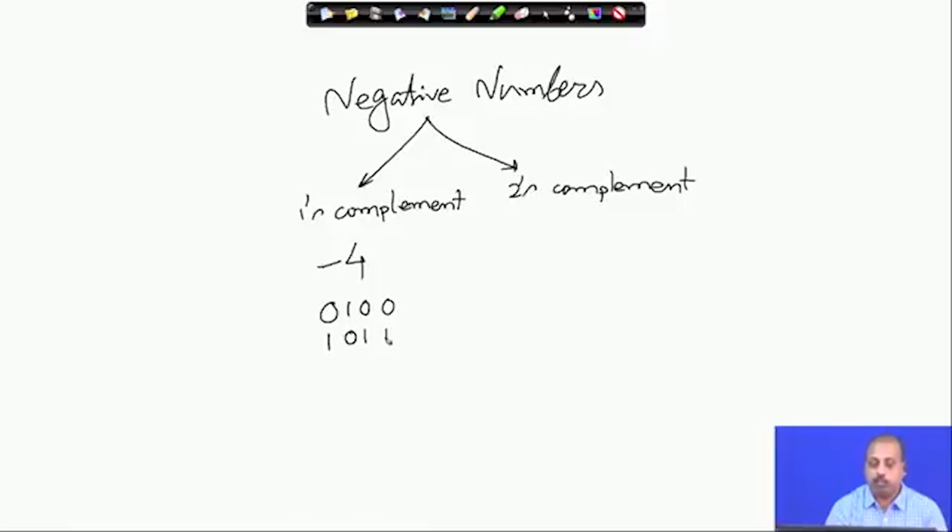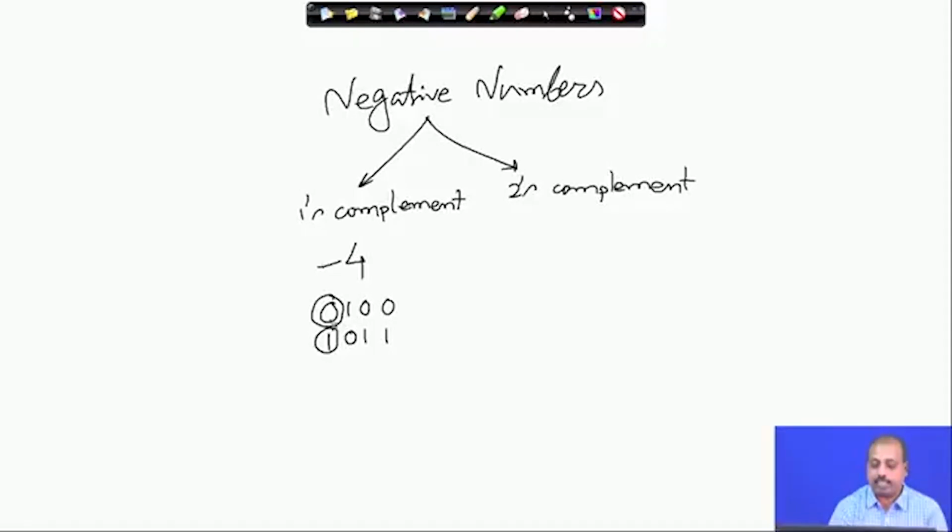So, this is very good, because I can represent numbers this way. The most significant bit of any number, if it is 0, represents a positive number, and if the most significant bit is 1, that represents a negative number.